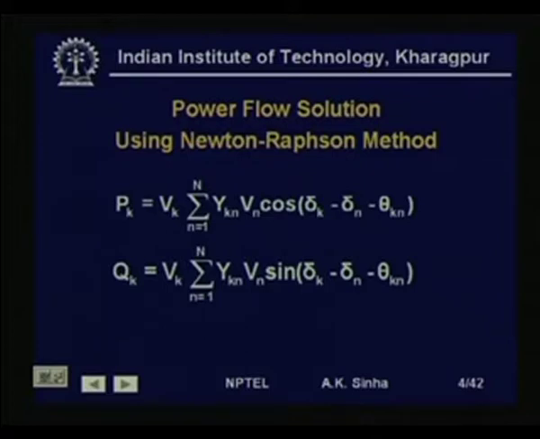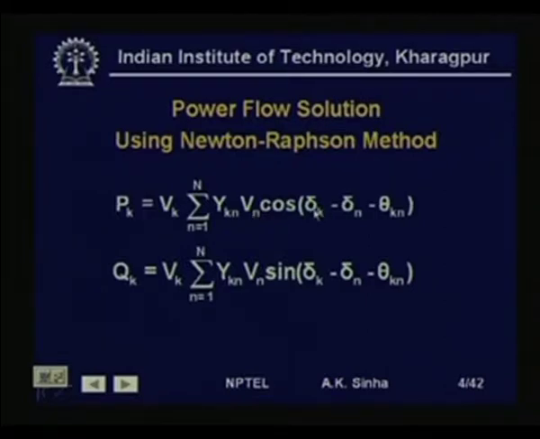start with the power flow equations that we had developed earlier, where we had said that a real power injection at any bus k is given by P k, and P k is equal to V k summation n is equal to 1 to capital N, magnitude of y k n, V n cos of delta k minus delta n minus theta k n, where V k and V n are the voltage magnitudes at bus k and n.